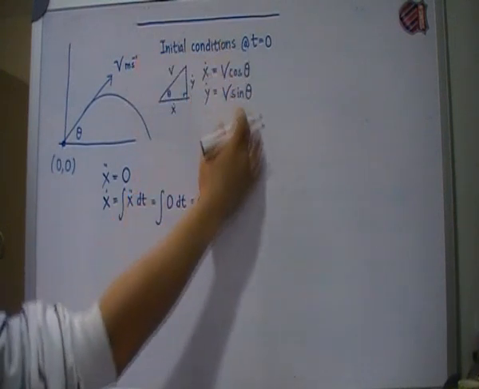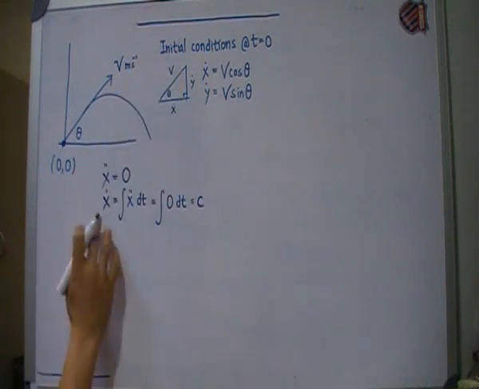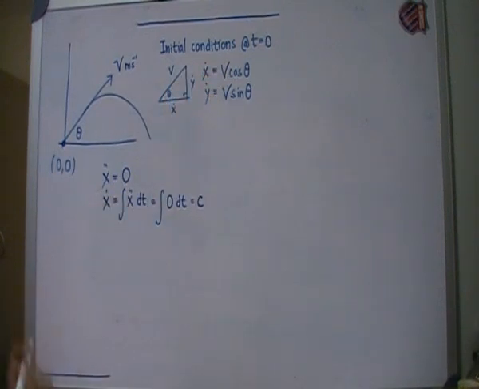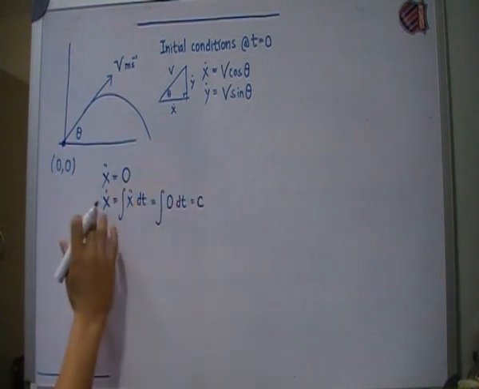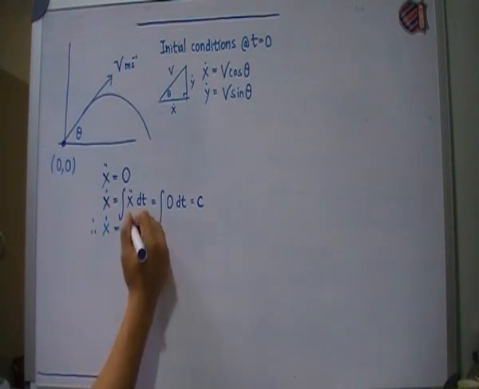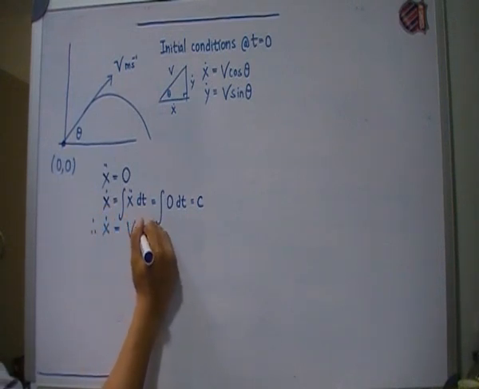Then you use your initial conditions. So x dot equals c. How do I find my constant? Well, I know that at t equals 0, your horizontal velocity is v cos theta. Therefore you get your x velocity formula, x dot equals v cos theta.